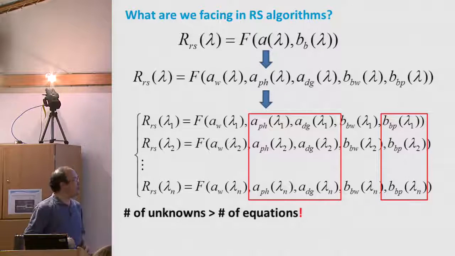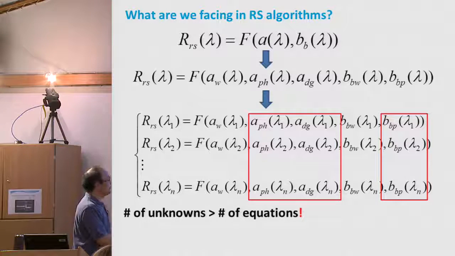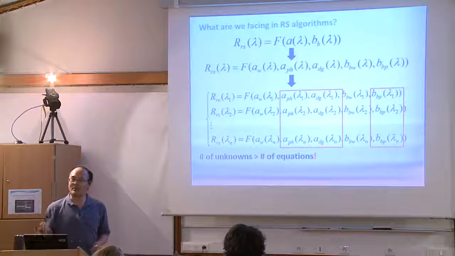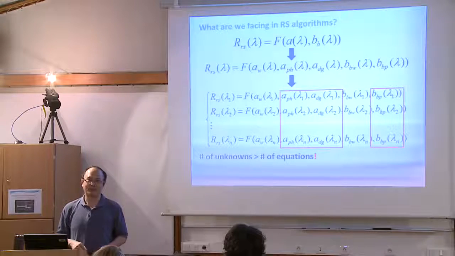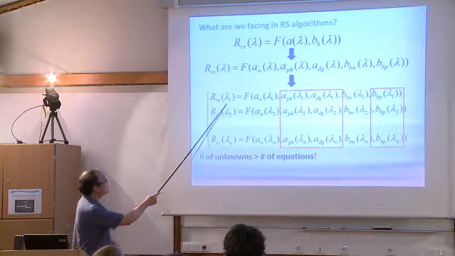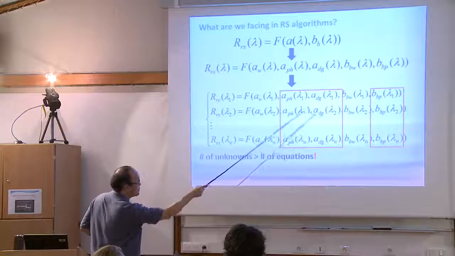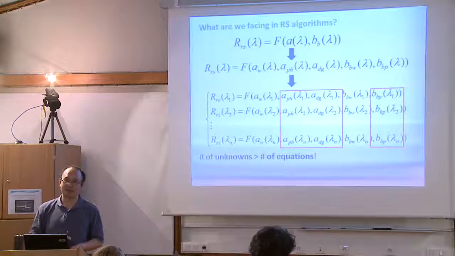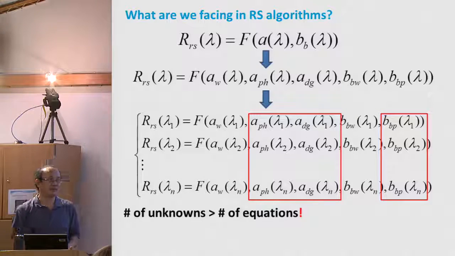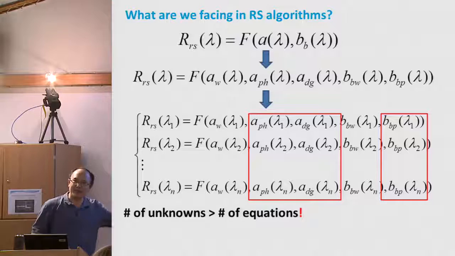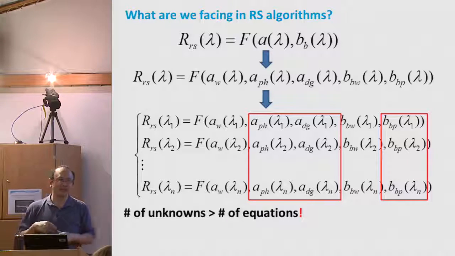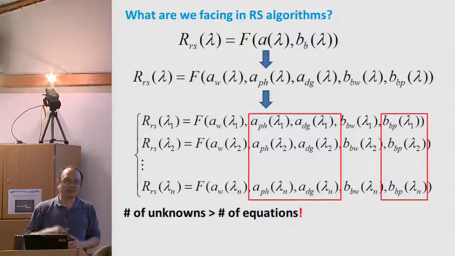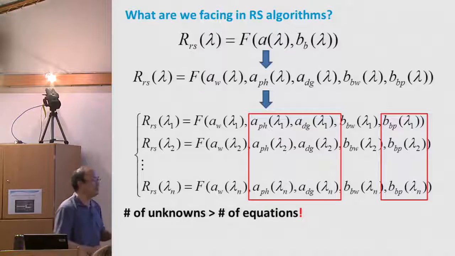Mathematically, it simply means we have a number of equations which is smaller than the number of unknowns, right? For each wavelength, we have at least 1, 2, 3 unknowns. So increasing wavelengths doesn't mean we'll increase information, because each wavelength also brings related unknowns of the APH, ADG, and the BBP.